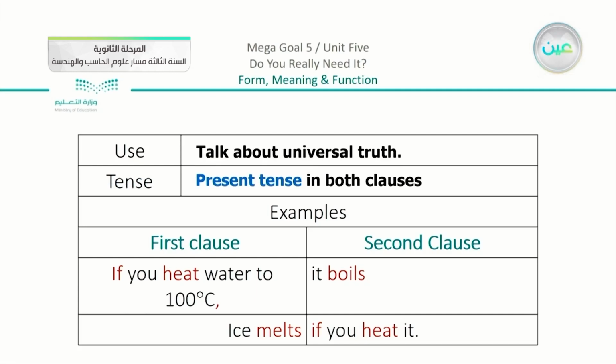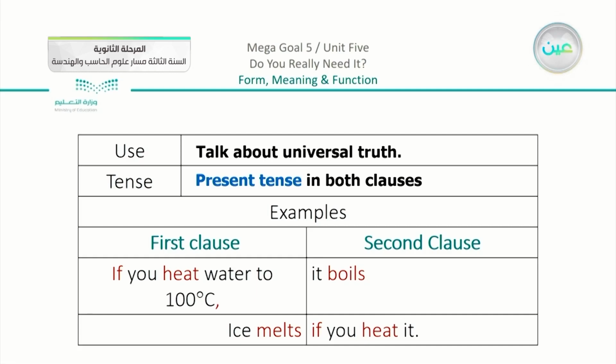We have here the examples. Now the first one: if you heat water to 100 degrees centigrade, it boils. You can see that we have the if clause and the main clause, and both of them have the present simple. If you heat, it boils. Depending on the pronoun here, we decide either to add the s or not add it, but they are still present simple, both of them.